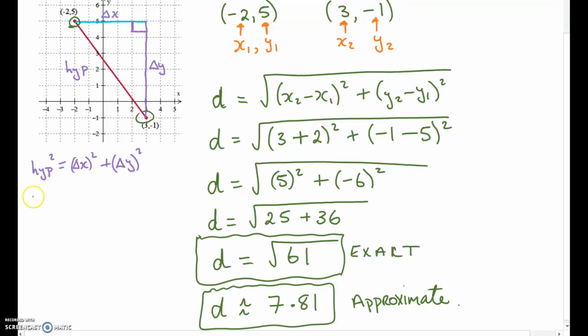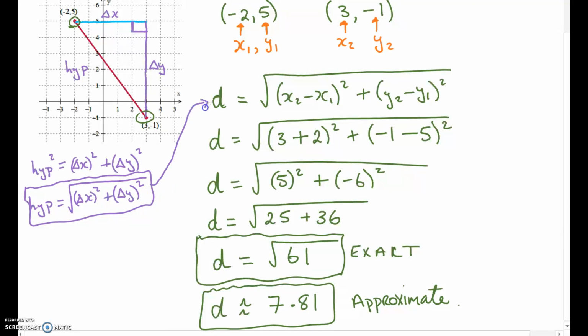And the hypotenuse is the distance between these 2 points. If that's hypotenuse squared, then to get the hypotenuse we would take the square root. So it would be the square root of delta x squared plus delta y squared. And that's where the formula comes from. Now, you don't need to worry about that, but hopefully you can see that this is just a very useful application of the Pythagorean theorem.